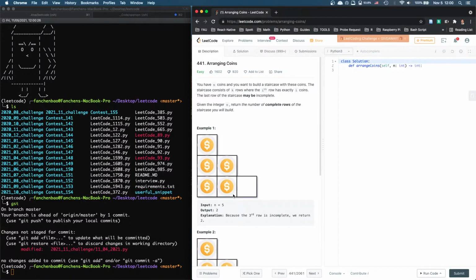Okay, so we're going to rewrite this. n minus x squared plus x over 2 is smaller or equal to x plus 1. Right, then this gives us that. And then this has to be also larger or equal to 1. So 2n minus x squared minus x is larger or equal to 2. Right?